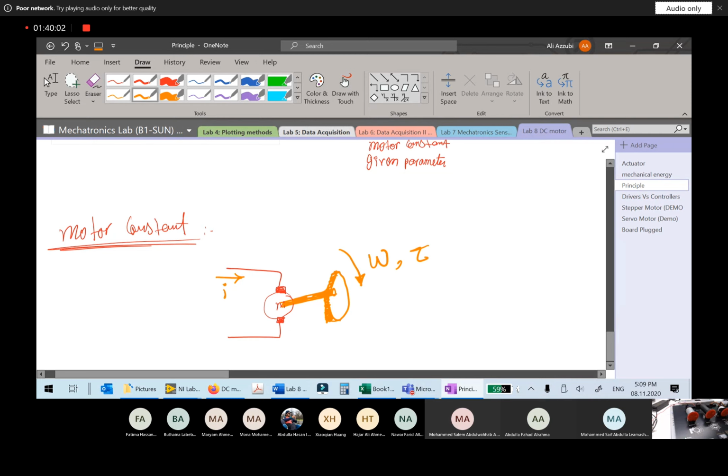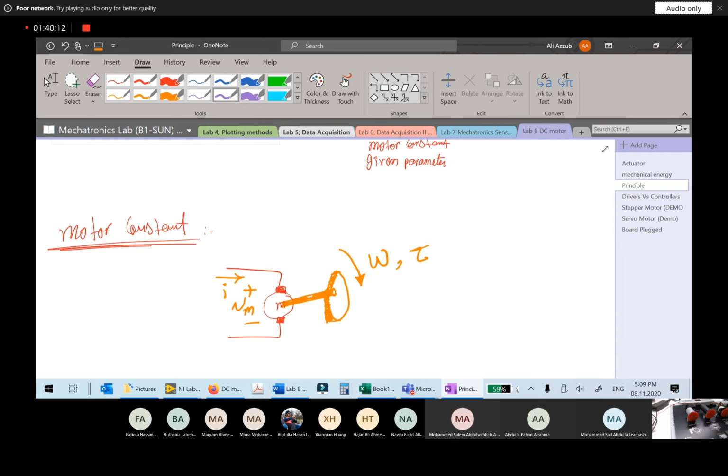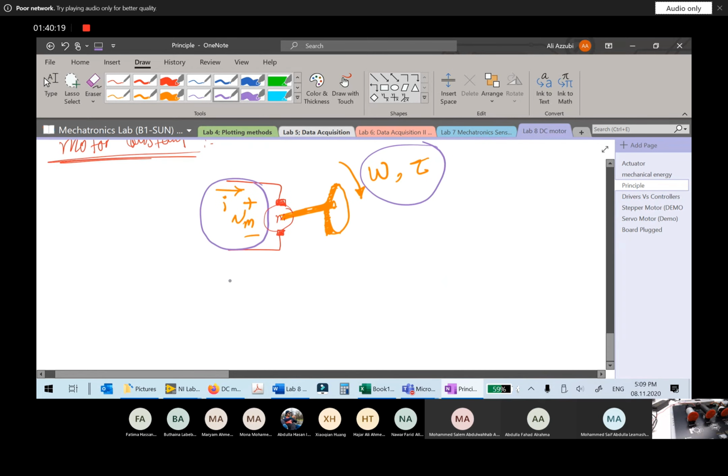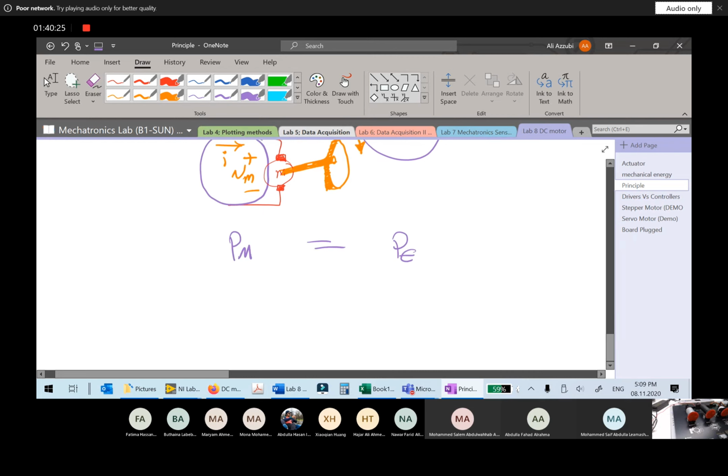Okay, sure? Now here I'll say that I have the V motor. This is the motor voltage. So now I have two sides: the electrical side and the mechanical side. Now we know that the power in mechanical should be equal to the power in electrical.